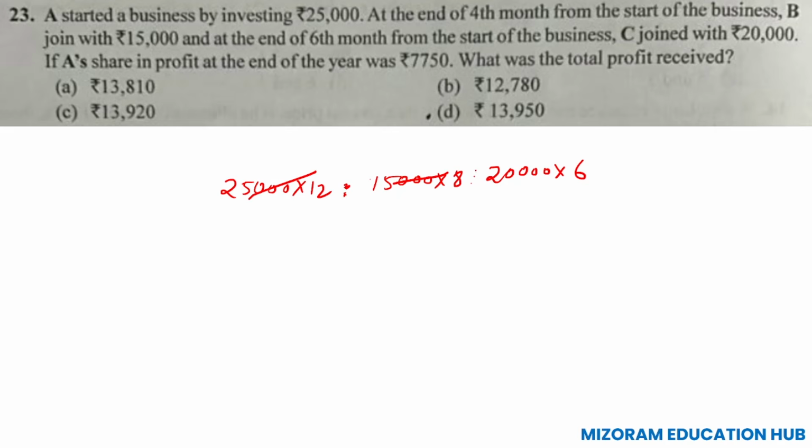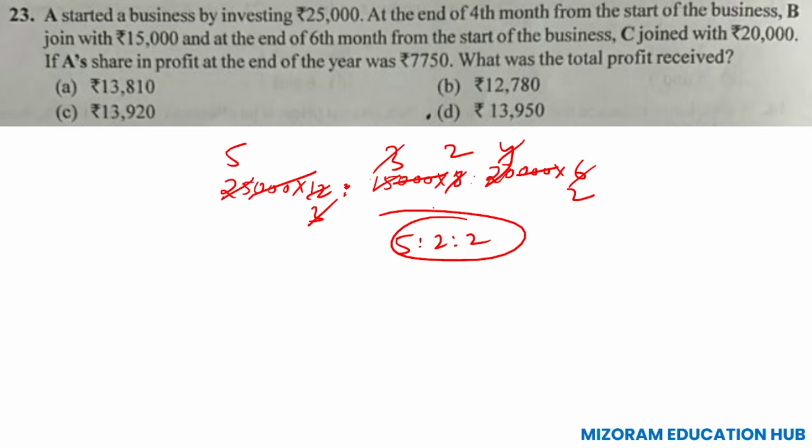Now we find the profit ratio. Cancel common terms: 5 with 3, 4 with 4, and cancel again, 2 with 3. So 5 is to 2 is to 2. This is the profit ratio. Now A's share is 5 by 5 plus 2 plus 2, that is 9, into total is equal to A's share 7750.